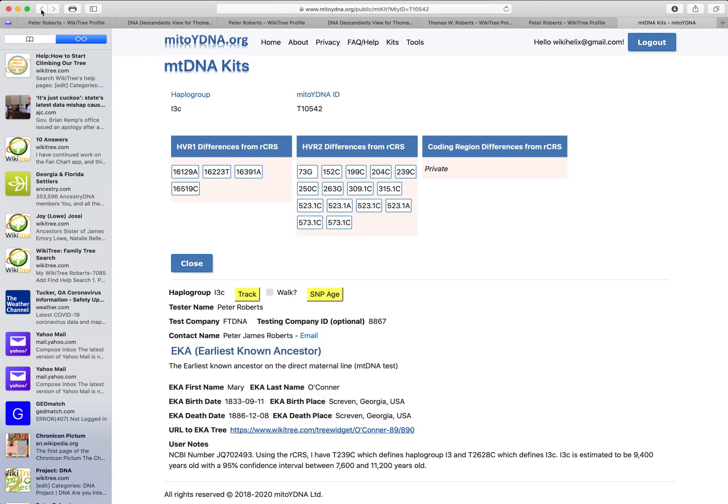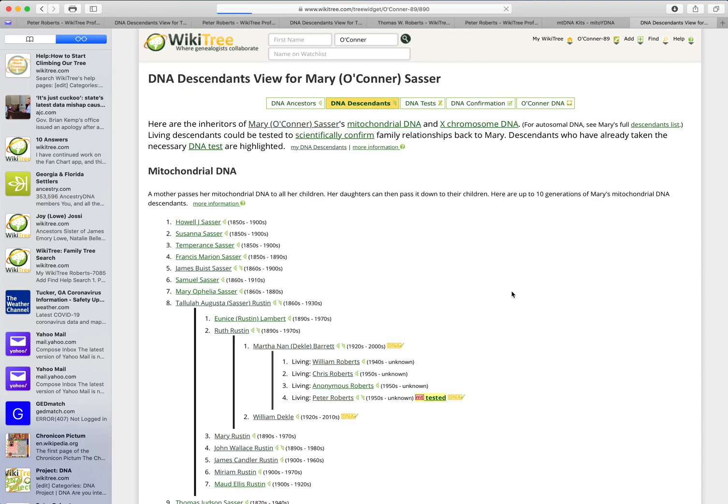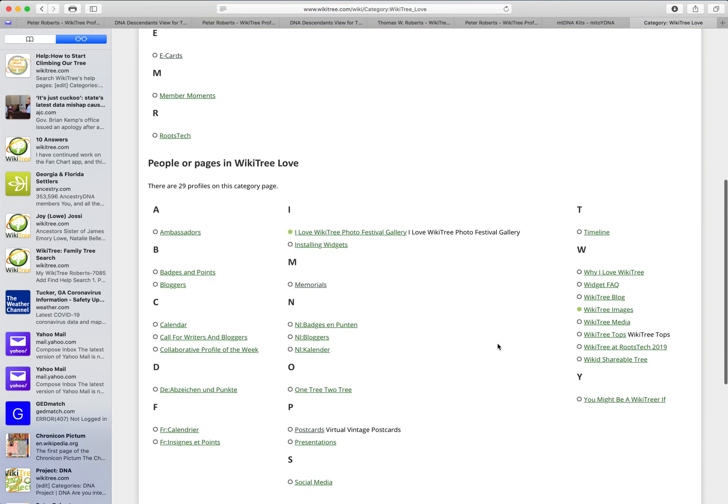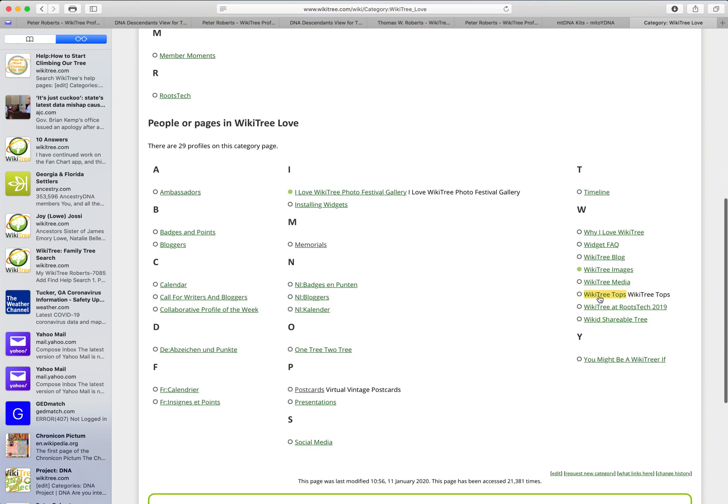Now there are some more famous people and more extensive ancestral lines in WikiTree that have taken a DNA test and have mitochondrial or Y haplotypes associated with them. So I'm going to go back to WikiTree, and under Help and then WikiTree Love, I can see something called WikiTree Tops.